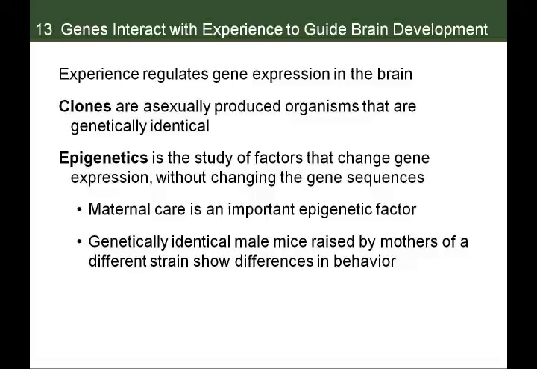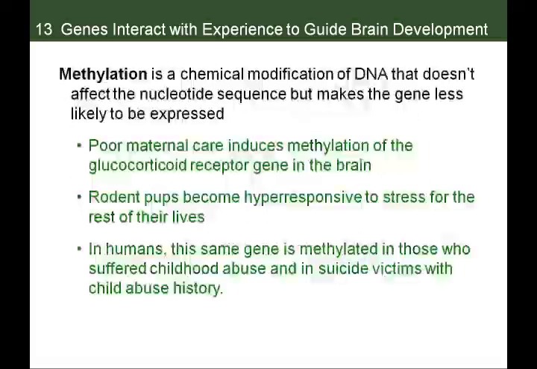So having mice that are genetically identical, but raised by different mothers, will they show differences in behaviors, even though they share the same genes? How does epigenetics actually work?